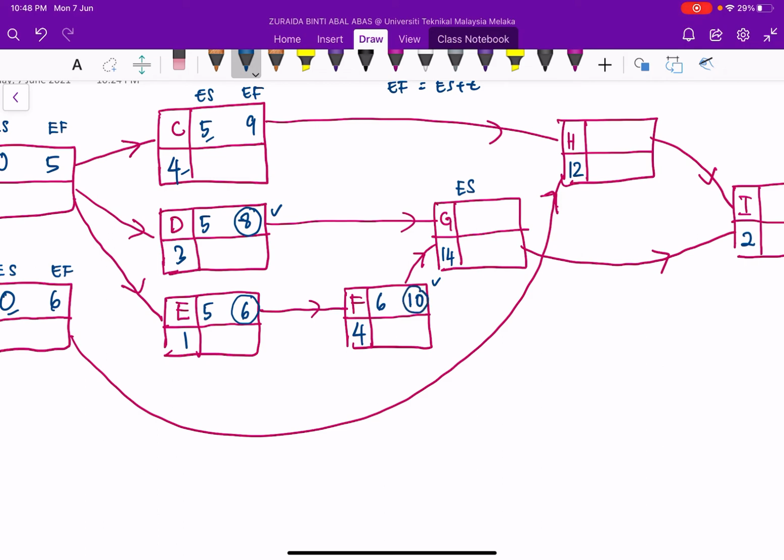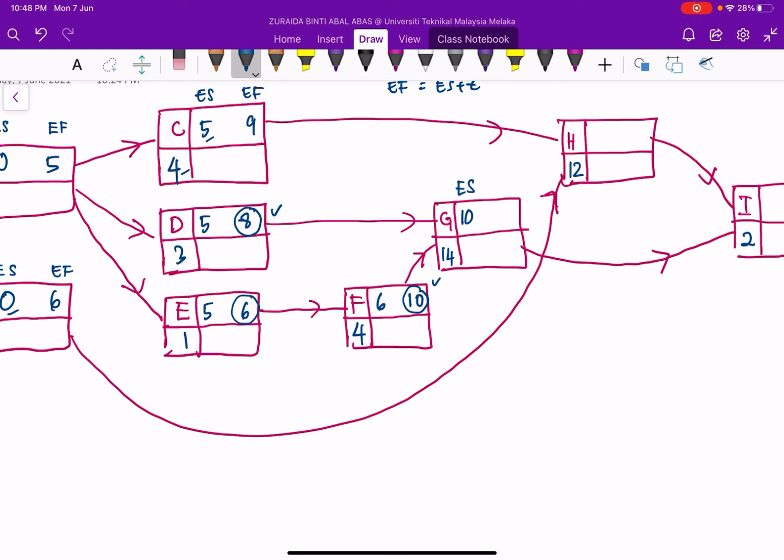Therefore you need to choose the biggest number, because that is the only time that G is ready to start. Of 8 and 10, the biggest is 10, so the earliest start time for G is 10.